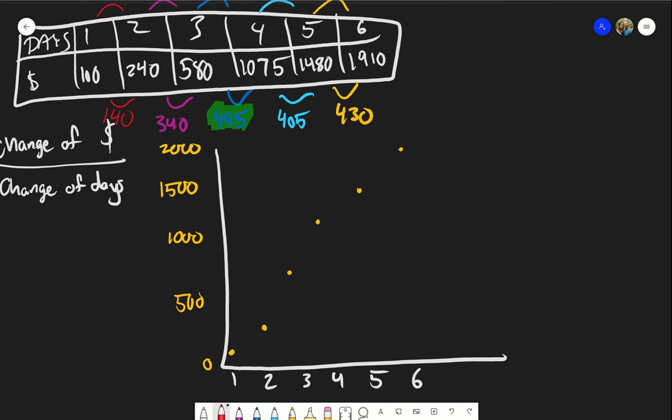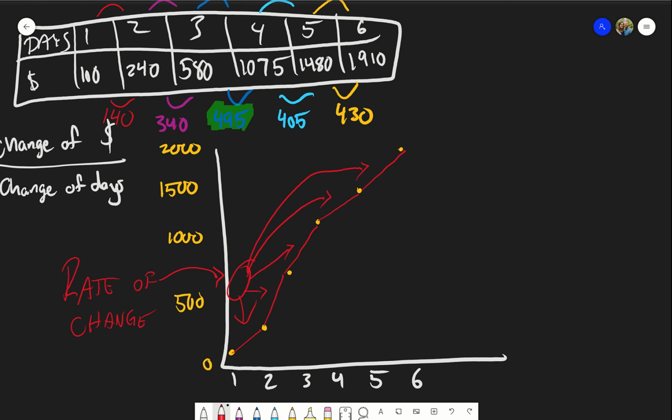Then I draw my lines connecting the dots here. There's one, here's one, there's one, there's one, there's one. And I can see how my graph is changing. Each change in between 2 points here happens to then be the rate of change.